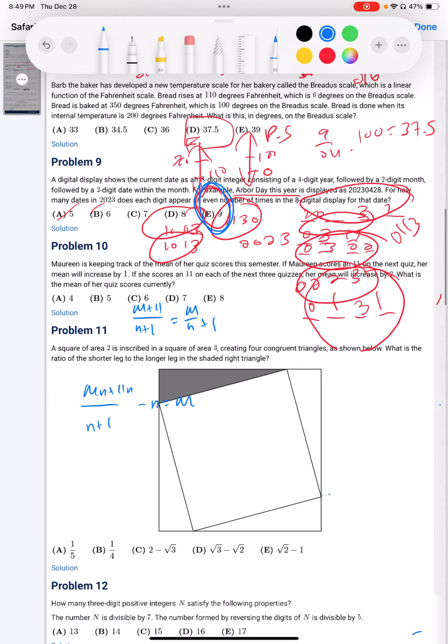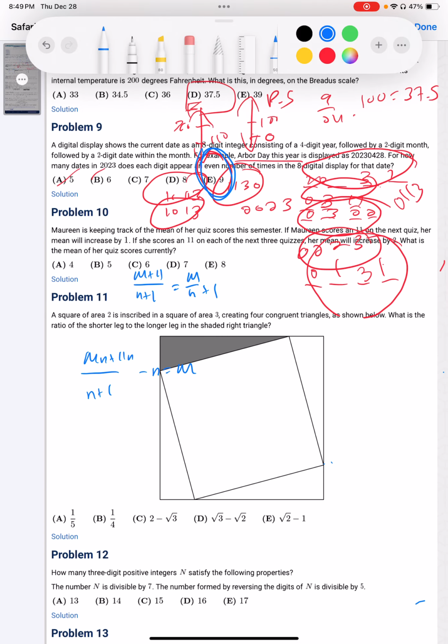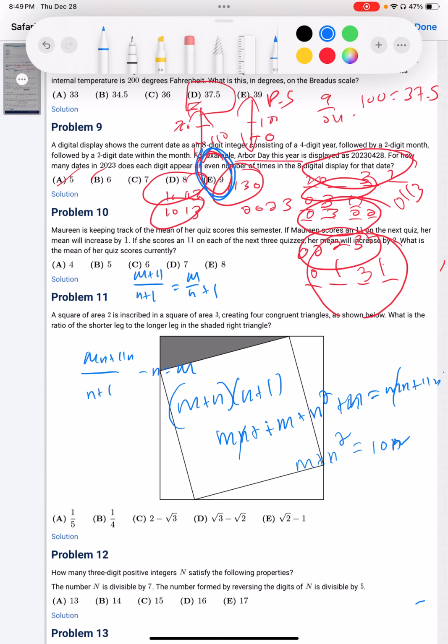Okay, see that, and then multiply everything by n plus 1, so n plus n times n plus 1, mn plus n plus n squared equals mn plus 11n. Cancel this, we got 10 equals m plus n squared. Okay, cool.